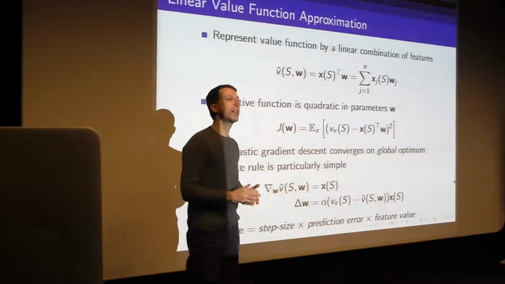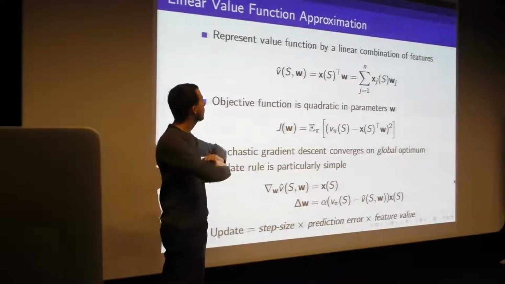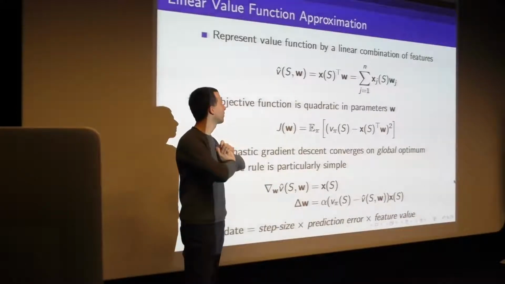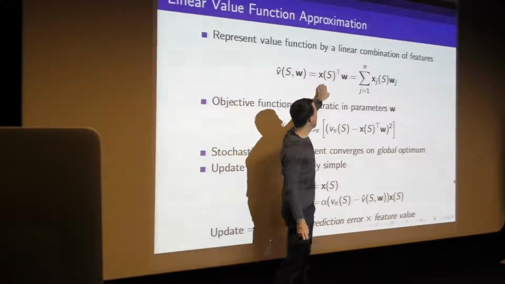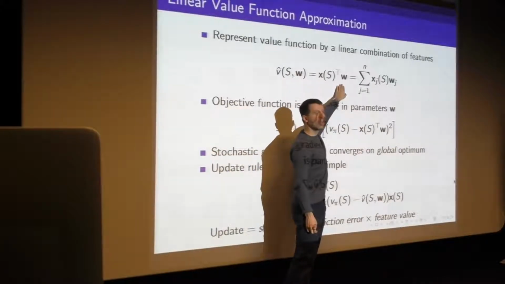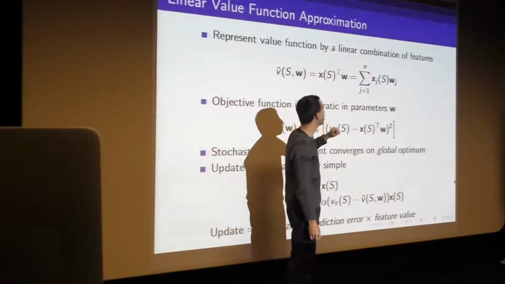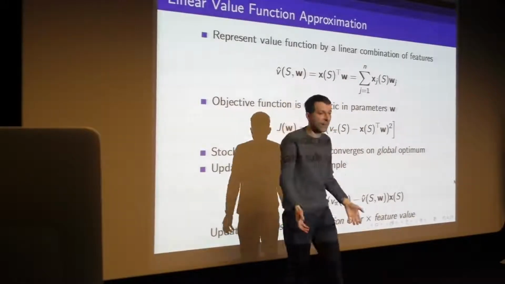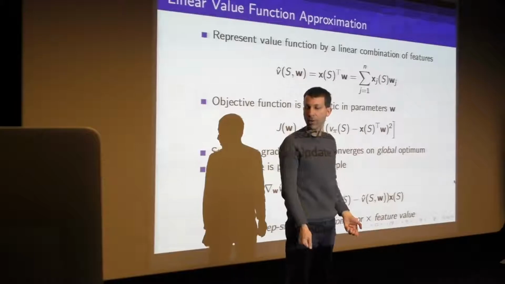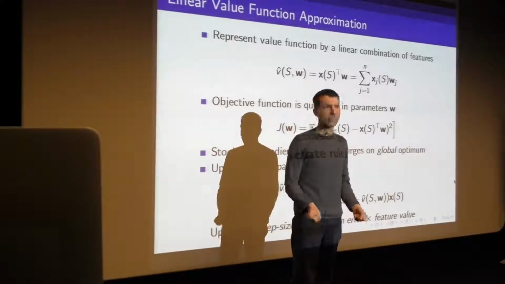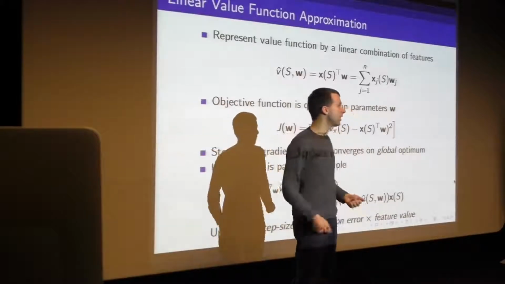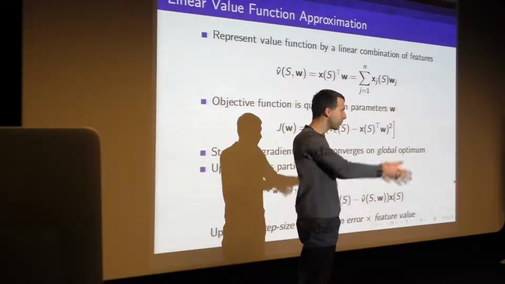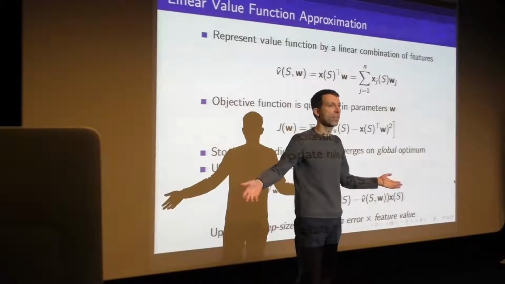Well, the simplest way to make use of the features is to make a linear combination of those features. So we're going to estimate the value function by combining them together with a weighted sum. So I'm going to estimate the value function of being here by saying, okay, I'm going to have some weight that tells me how good I think it is to be a certain distance from this wall, and how good I think it is to be a certain distance from this wall, and I'm just going to take a weighted sum of those things.